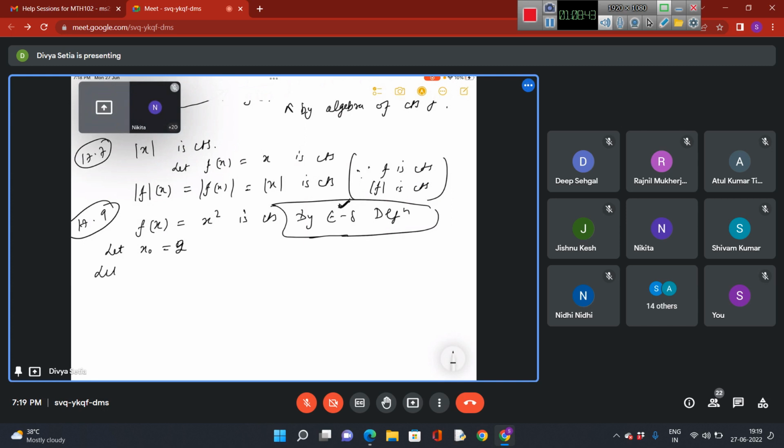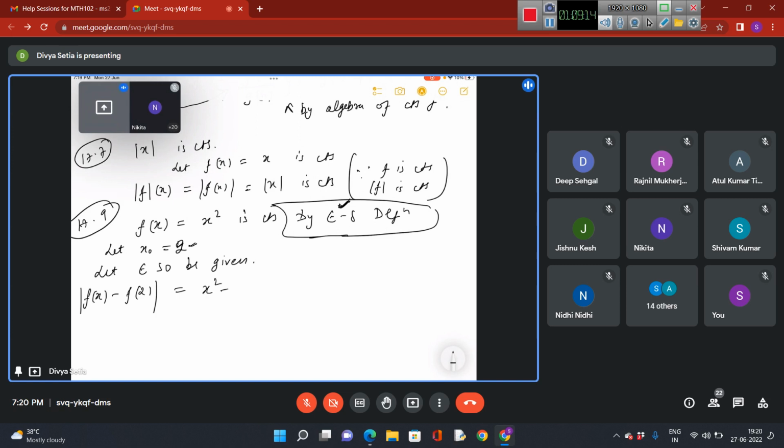So now let epsilon greater than 0 be given, and |f(x) minus f(2)|. This is just a number I am taking. You can even take arbitrary x naught and prove it for arbitrary x naught. Just replace this 2 by arbitrary x naught. It doesn't matter. The proof will remain the same.